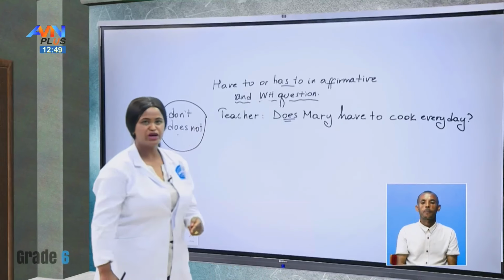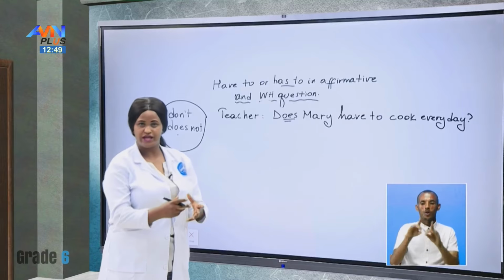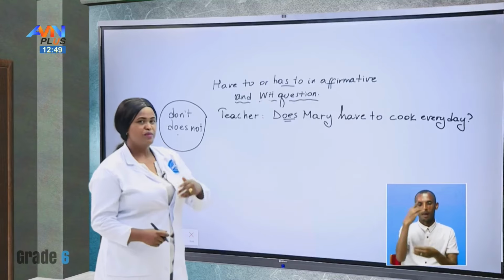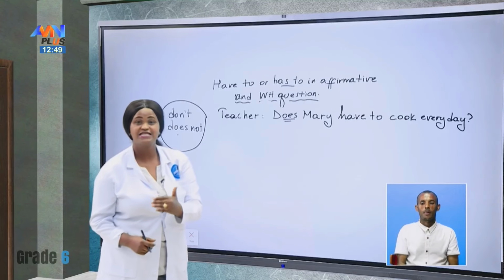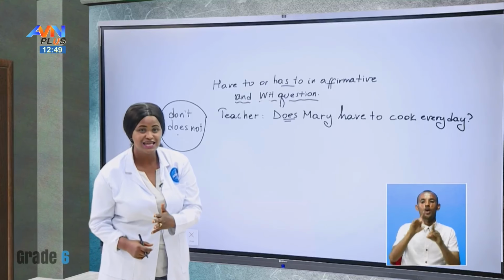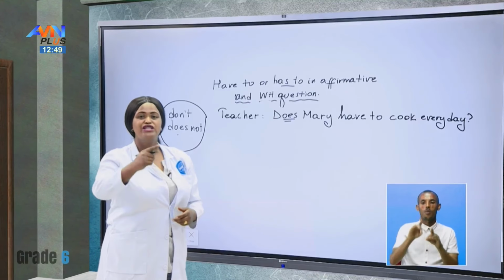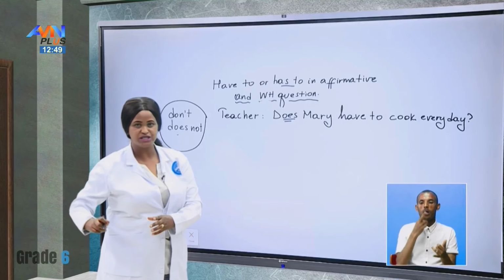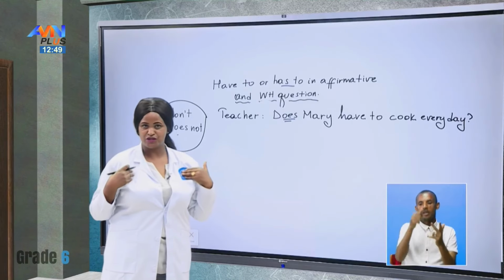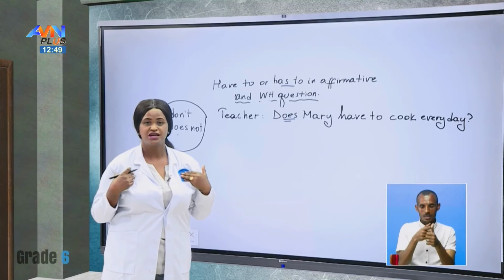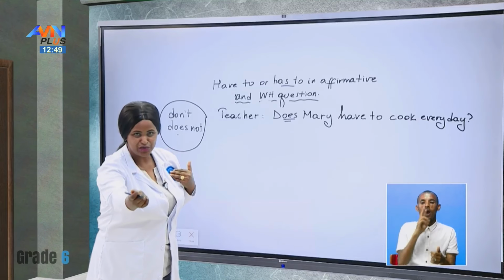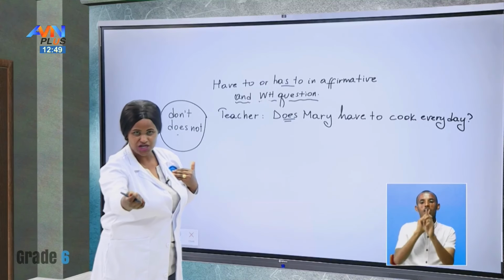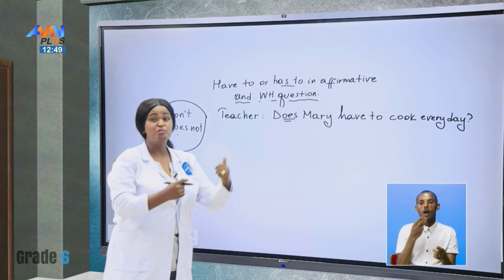This is what I asked Mary, right? I said to Mary what? Do you have to cook every day? Yes? And then Mary said what? Yes, I do. Now, what do you say about Mary? Now we are talking about a third person because I am the first person who is asking a question and you are the second person to answer my question, and we are talking about Mary, yes?